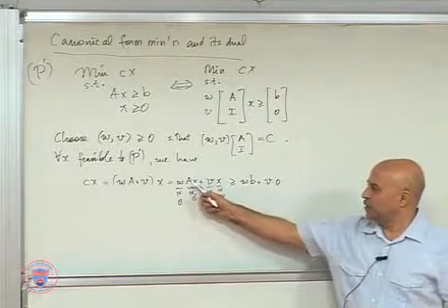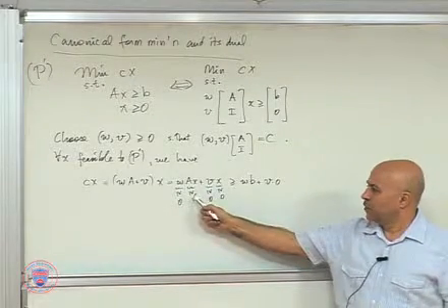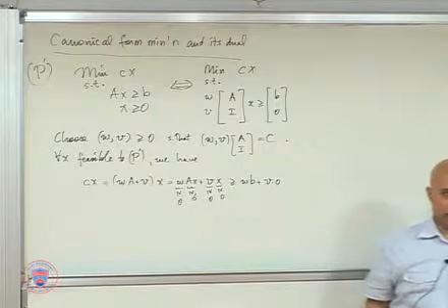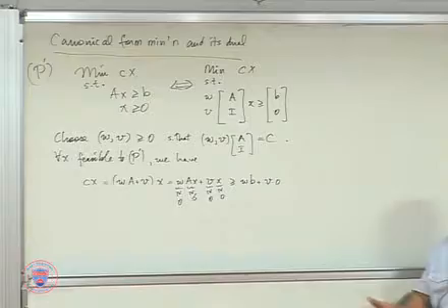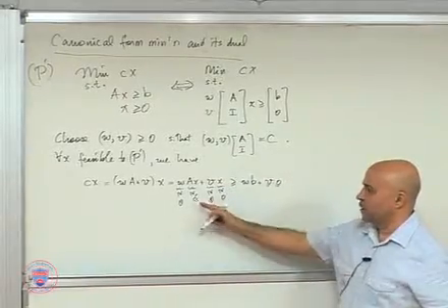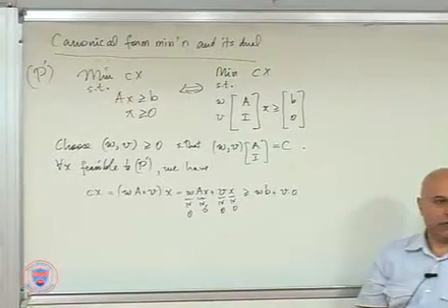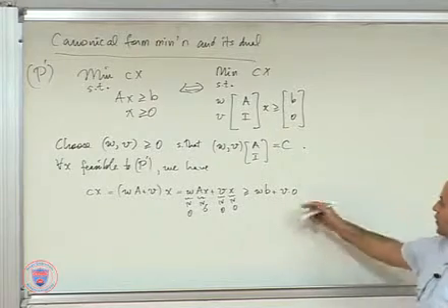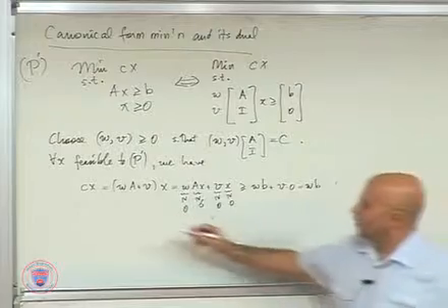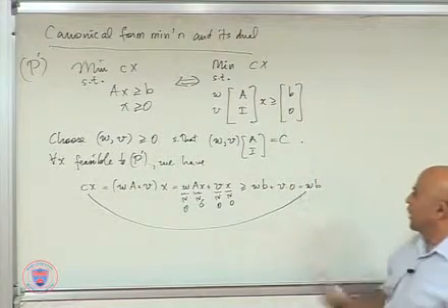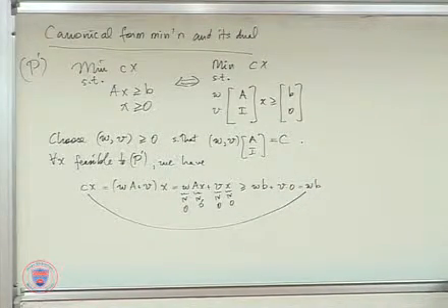I'm just replacing each of AX and X with B and 0 respectively. Okay? I'm replacing each column vector in the dot products by something that is less than or equal to itself. Okay, so this is what you get, which is, of course, equal to WB. Again, CX is bounded below by WB, the same thing.